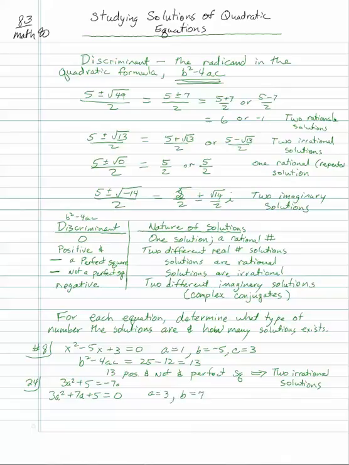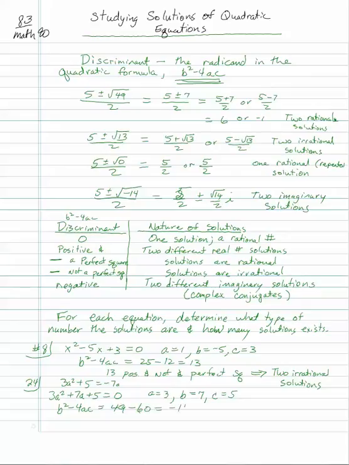B is 7, c is 5. So b squared minus 4ac is equal to 49 minus 4 times 3 times 5, 60.